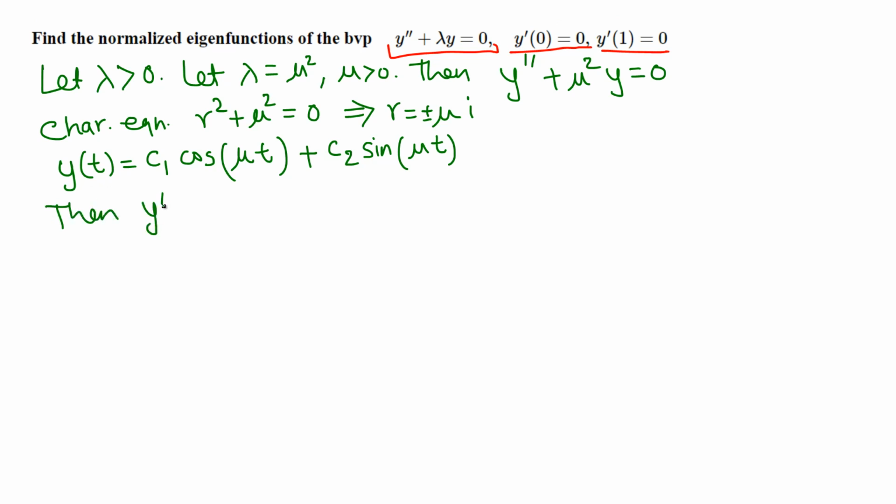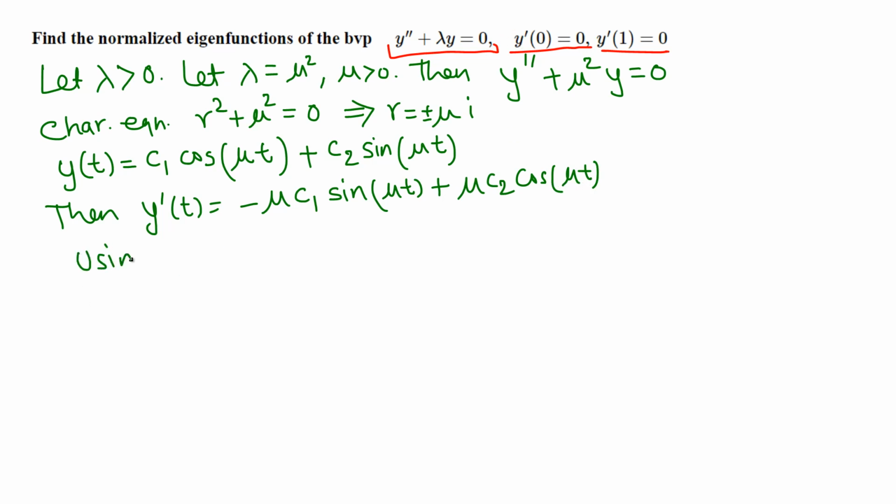Then the derivative of this function is, cosine's derivative is negative sine, so negative mu c1 sine mu t plus mu c2 cosine mu t. Okay, using the first boundary condition, that is y prime at 0 equals 0, we get negative mu c1 sine 0.